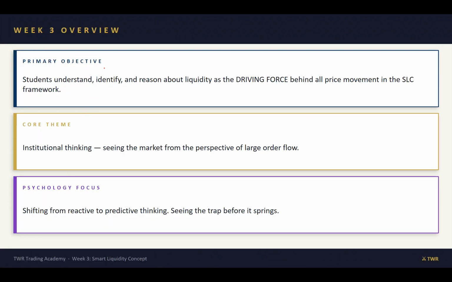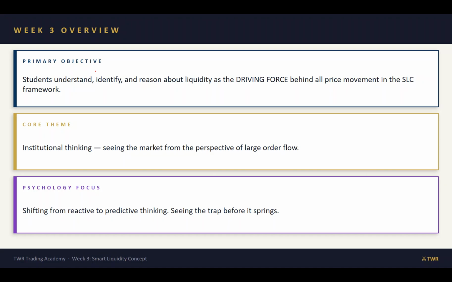Now, let us continue. The primary objective of this lesson is for you as a student to understand, identify and reason about liquidity as the driving force behind price movements. Liquidity is the reason why price moves.